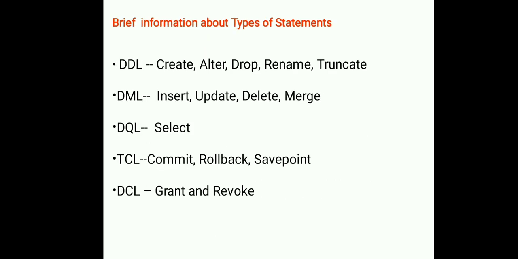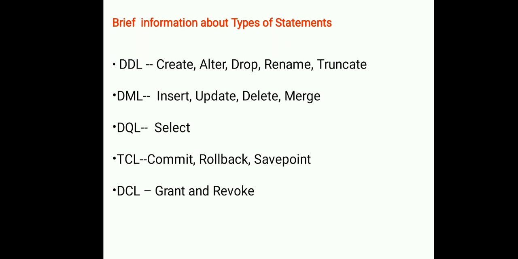There are different types of statements, or we can say commands, of SQL that we should know. The first is DDL, that is data definition language, which includes create, alter, drop, rename, and truncate commands. Insert, update, delete, and merge. These commands are included in DML, that is data manipulation language.